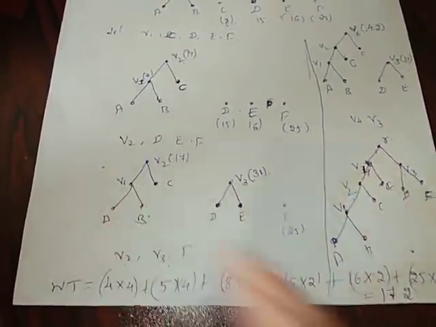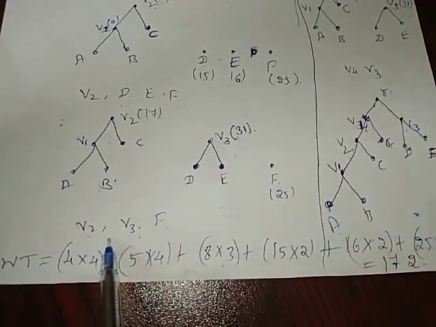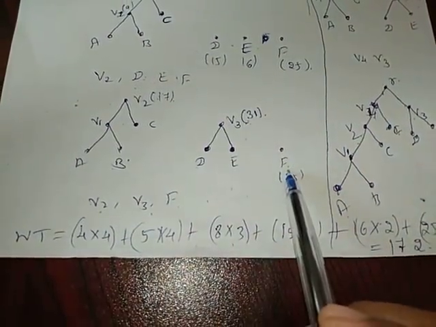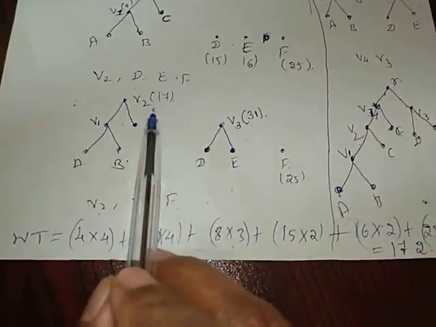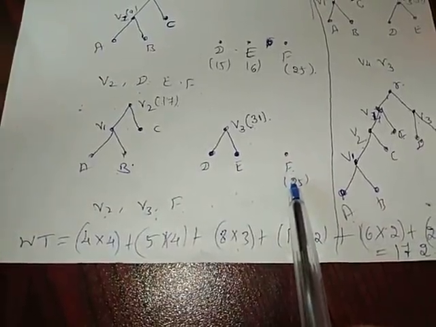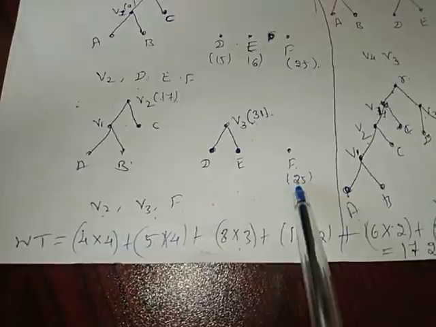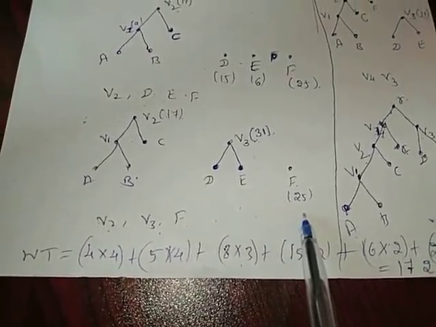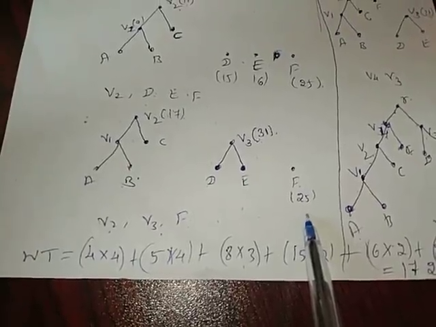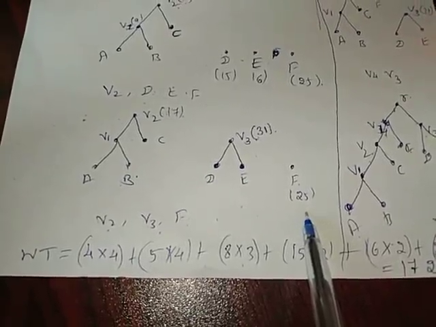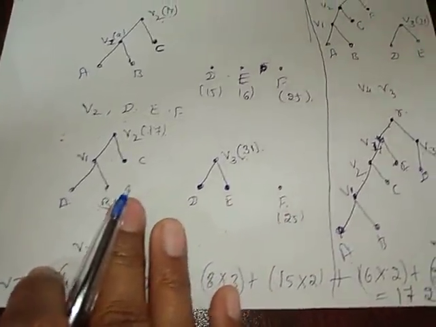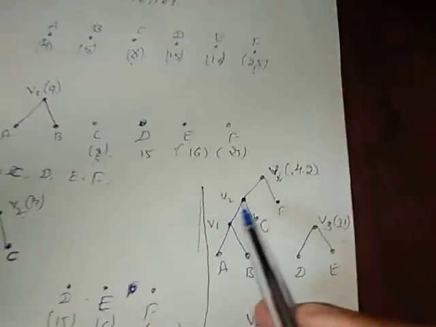The remaining vertices will be V2, V3 and F. Among these, the minimum weights will be 17 and 25. Now add 17 and 25. Assign this weight to the new vertex V4 and draw the tree by making V4 a root and V2 and F children.